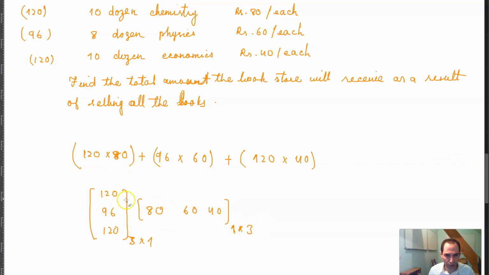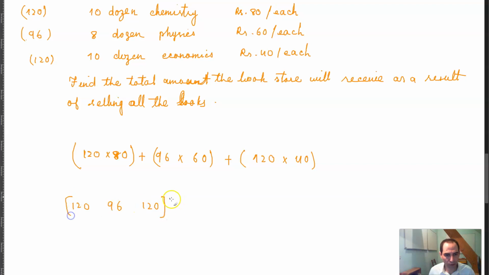So I will write 120, 96, and 120 as a row matrix, and multiply it by a column matrix of 80, 60, 40.